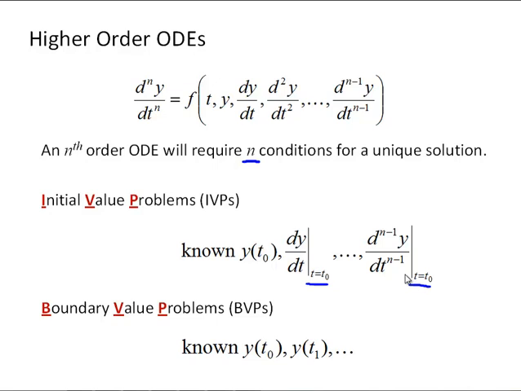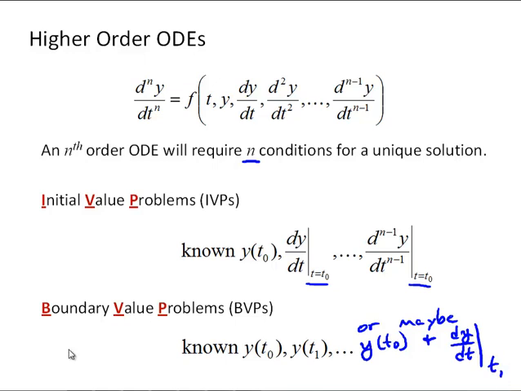Boundary value problems are formulated differently. It might be the same differential equation, but what's different is we know y at maybe two different time values, t0 and t1, or maybe we know y at t0 and dy/dt at some t1.